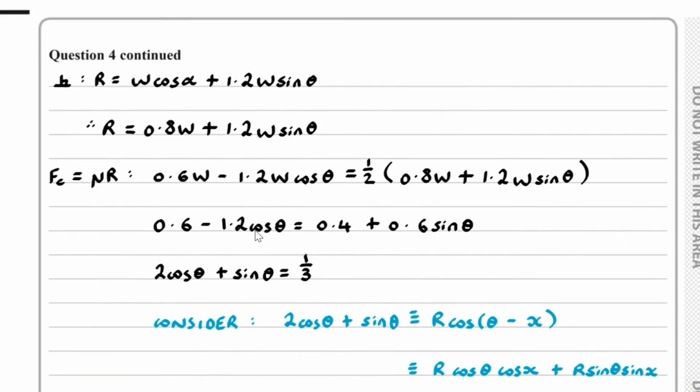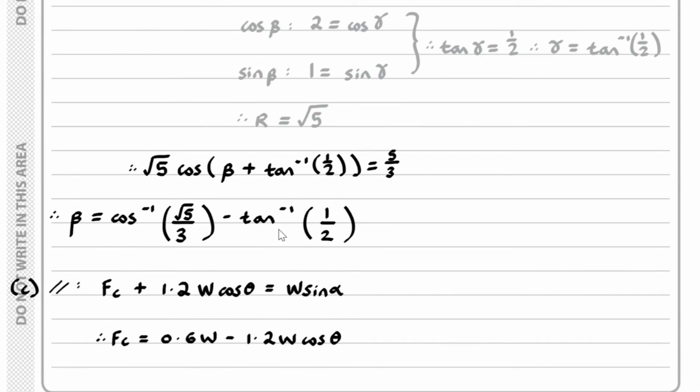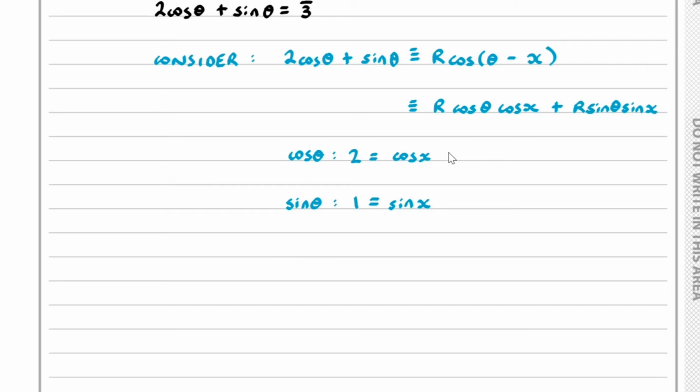And so therefore, at this point, we can see that tan x is equal to 1/2. So x is equal to the inverse tangent of 1/2.